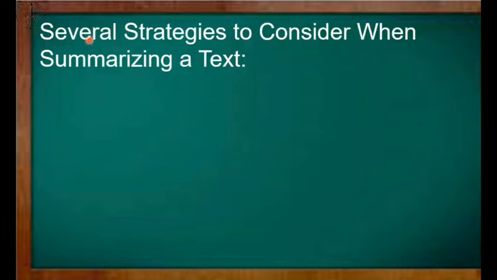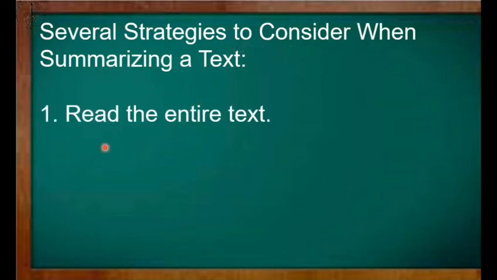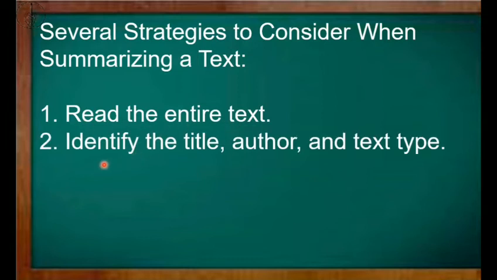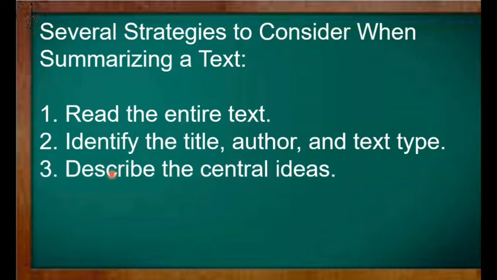Next, several strategies to consider when summarizing a text. Number one, read the entire text first. And then, next, identify the title, the author, and the text type. Number three, describe the central ideas.